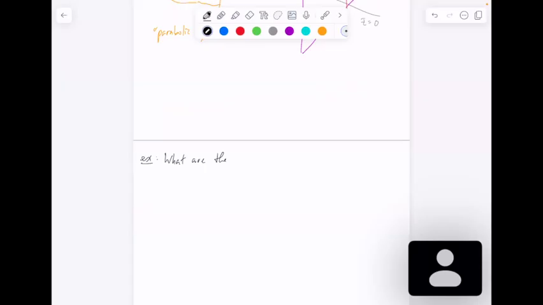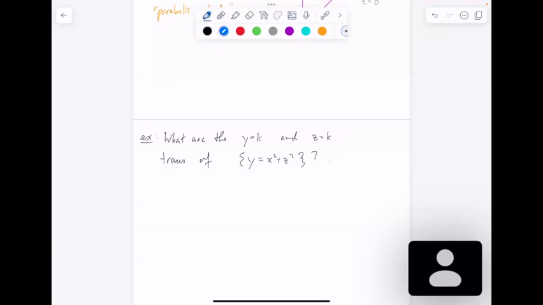What are, let's say, the y equals k and z equals k traces? Well, actually, let's do something slightly different. This is where I get burned, but let's do y equals x squared plus z squared. So for y equal to k, what does this get me? This gets me k equals x squared plus z squared.